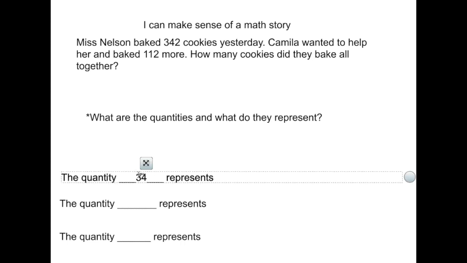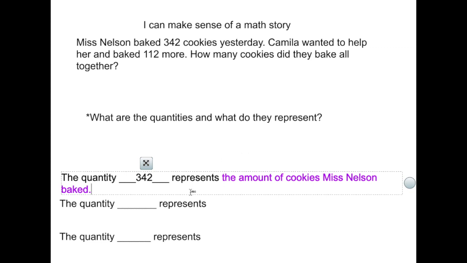The 342 represents, Miss Nelson baked 342 cookies yesterday. So it represents the amount of cookies Miss Nelson baked. Do you see any other quantities in here? I do. 112.